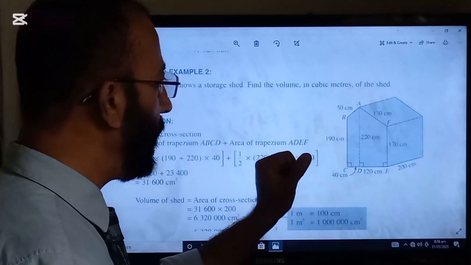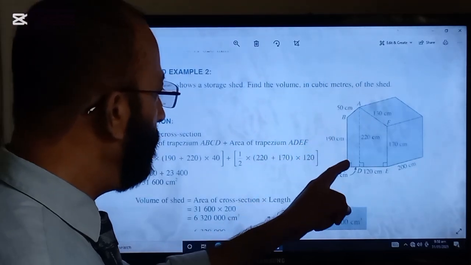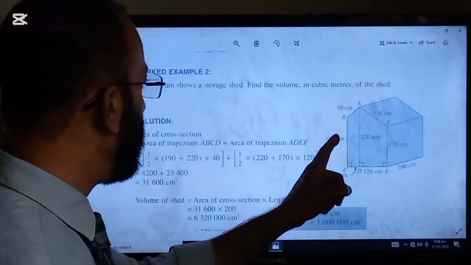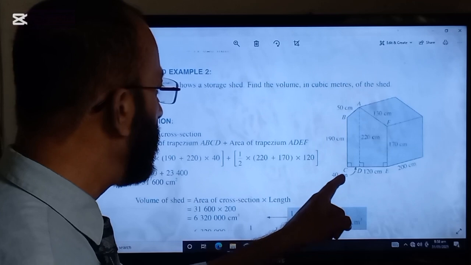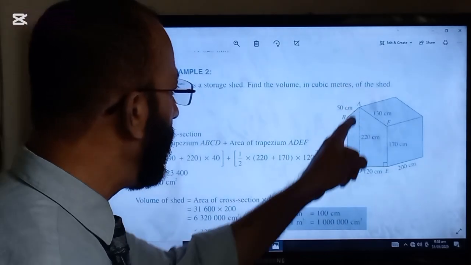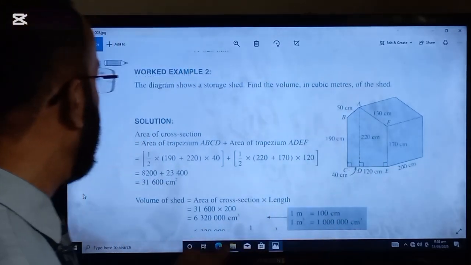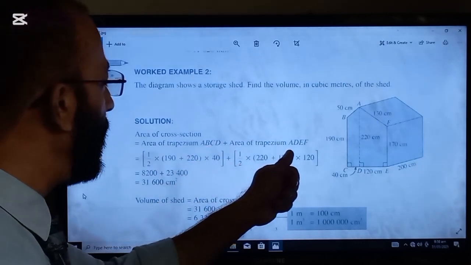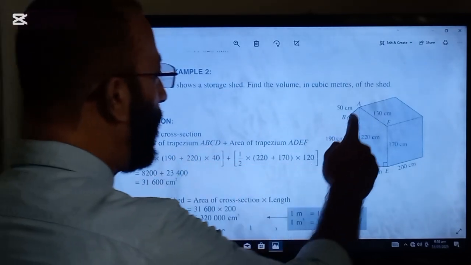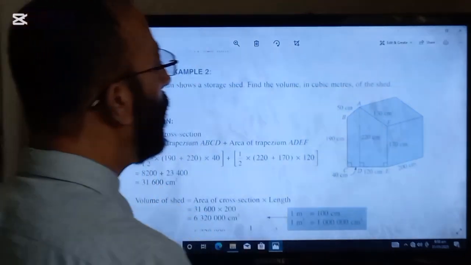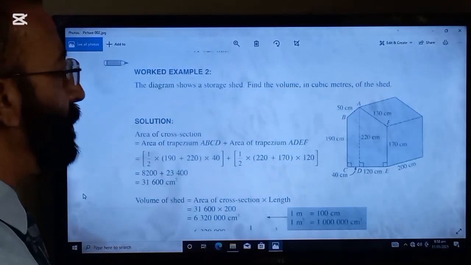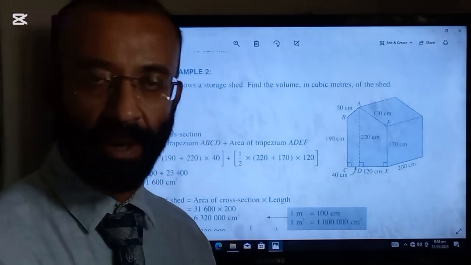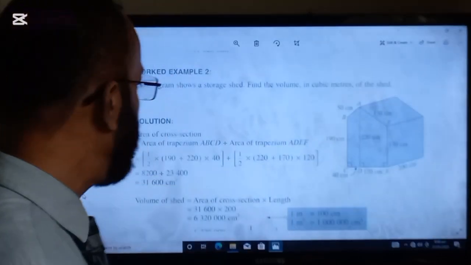front side's area. And in front, we actually have two trapeziums. One is A, B, C, D, and the second is A, D, E, F. So look, the area of trapezium ABCD and the area of trapezium ADEF will collectively make the front side. The area of a trapezium formula is 1 by 2 into the sum of the parallel sides into h.